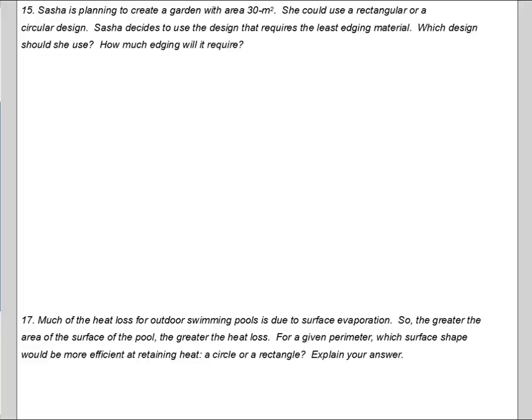So I'm just going to simplify this to a rectangular or circular design, and she wants to have the least edging material for cost reasons. So which design should she use? This is going to be a fixed area, which means it's a perimeter optimization.